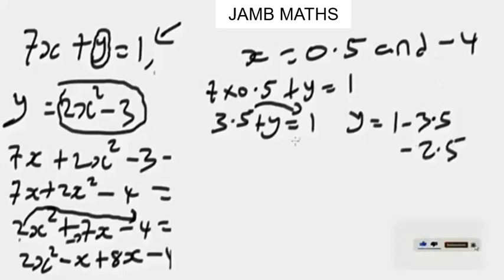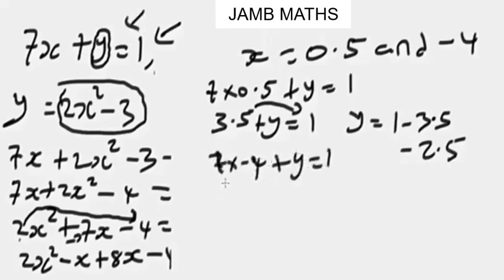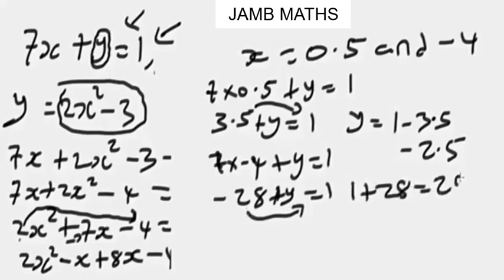Or when x is negative 4, when you substitute it here as well, you're going to have 7 times negative 4, plus y equals 1. So 7 times negative 4 gives us negative 28 plus y equals 1. So we make y the subject of the formula. This negative 28 comes over, we're going to have 1 plus 28 gives us 29.